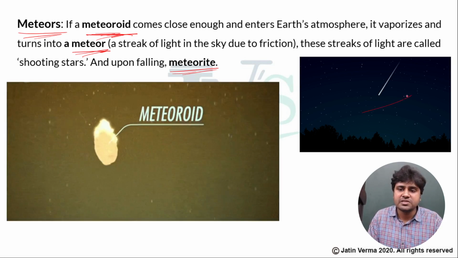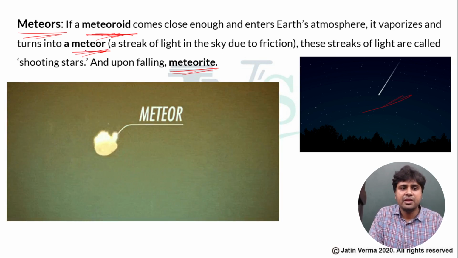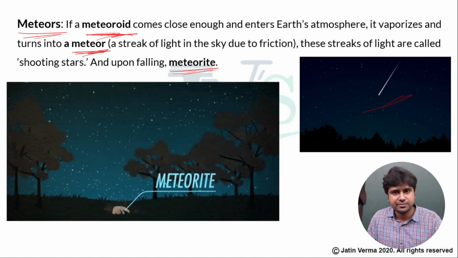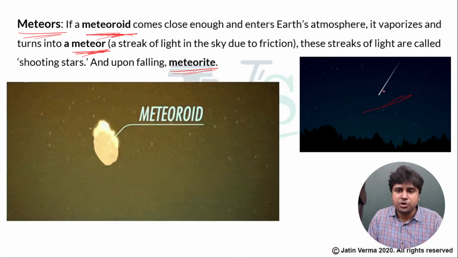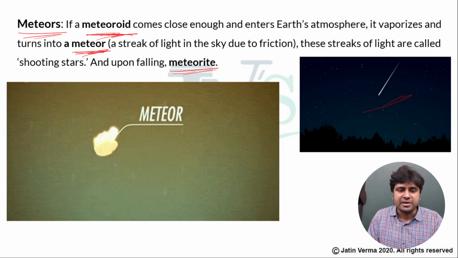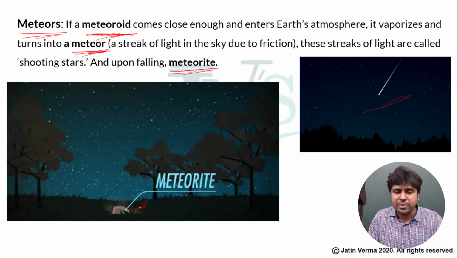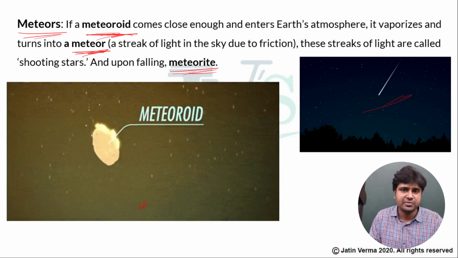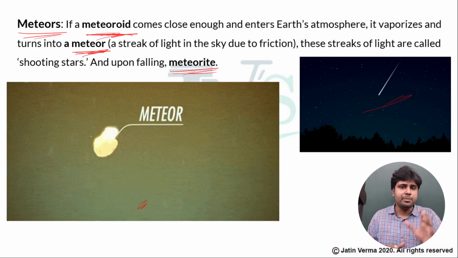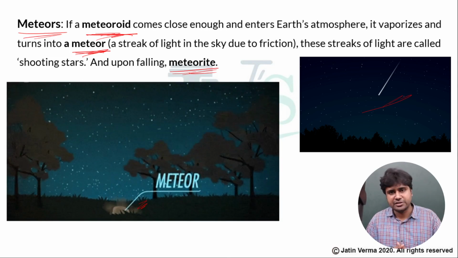Then it forms a streak of light like this. Then we call it a meteor. Clear? In most cases, the meteor will get burnt up. But sometimes some resistant part will remain and fall to the ground. The tiny piece is called a meteorite. So that is the difference between meteoroid, meteor, and meteorite.